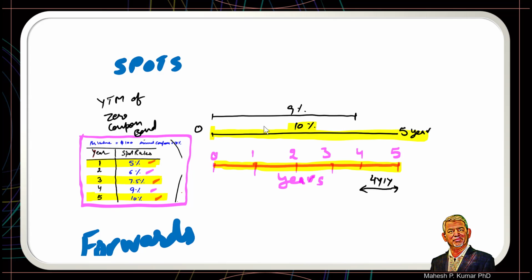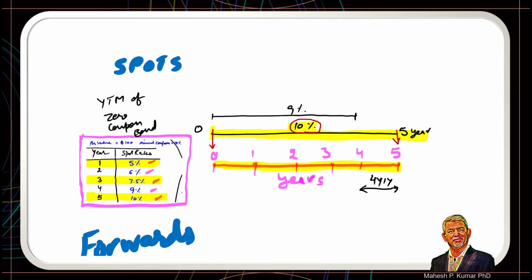It basically means if an investor makes an investment here at time 0 and there is no coupon payment in between, so there is no cash flow and no interest in between, and the only cash flow the investor gets is at the end of the 5th year, then this investor is making 10% on this investment. This is the meaning of the term spot rate.